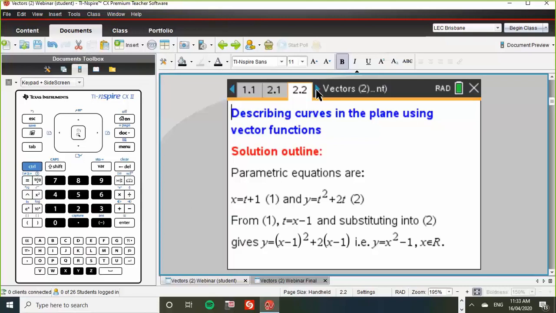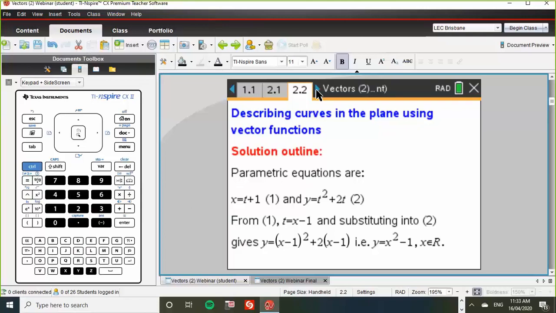Now in this instance, the best approach would be to express t in terms of x from equation 1 by making a simple rearrangement. So therefore t is equal to x minus 1. And then substitute that into equation 2.